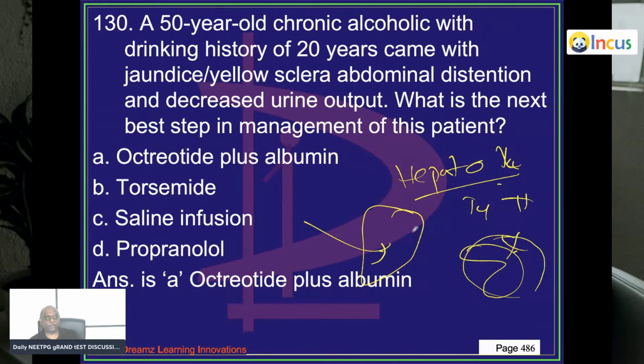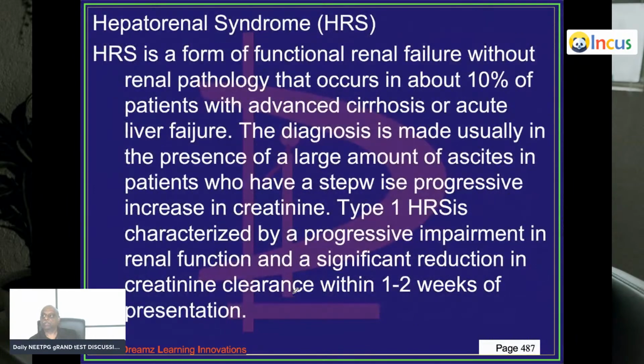When do you call hepatorenal? Kidney is normal in histology, but kidney failure is secondary to liver. So it is a functional renal failure without renal pathology that occurs in 10% of cases of advanced cirrhosis. Whenever a large amount of ascites is there, there is a stepwise increase in creatinine.